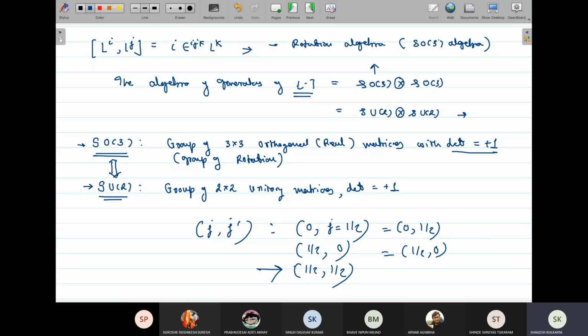So you think over this, and in the next class we will go into the spinor representations of the rotation group, and then we will connect it to the Lorentz group. Once I have that, I will know how the Lorentz transformation acts on the wave function. But still, if you have any question, you can always ask.